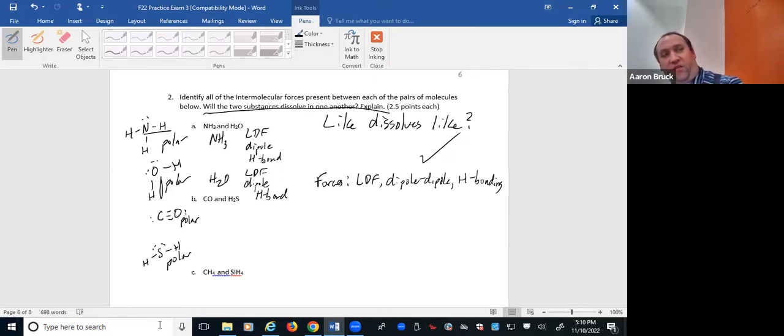For the hydrogen sulfide, it's pretty much like water. It's polar because of that asymmetry in the tetrahedral. So for like dissolves like, yeah, they're both polar. So they're going to dissolve in each other. Correct.